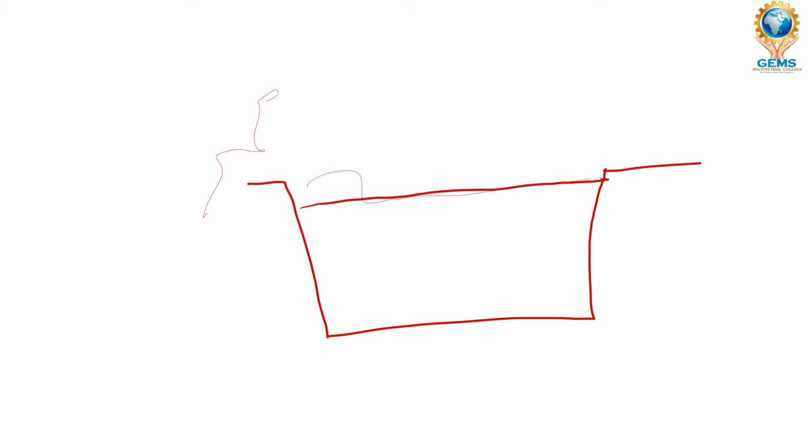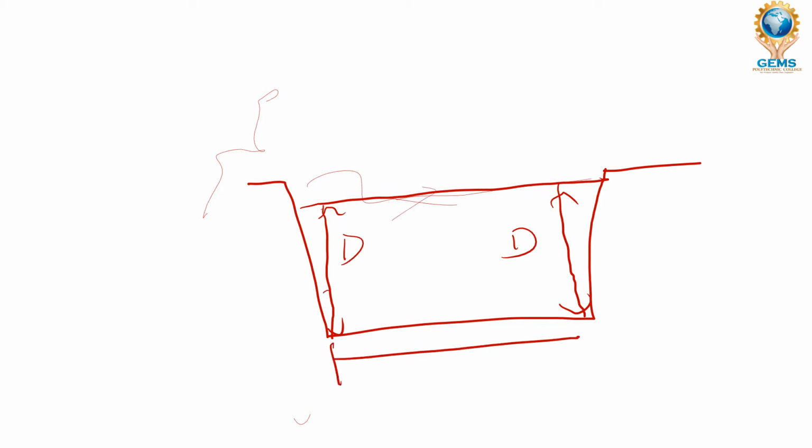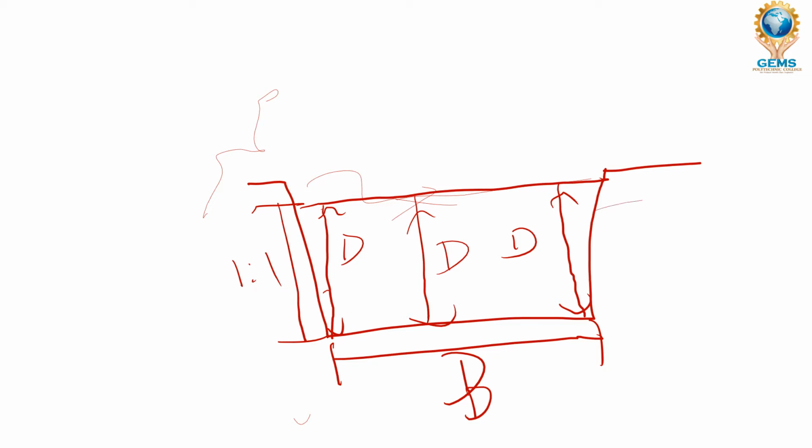Here you can see a trapezoidal section of this canal, and this is our depth D. Here a D, here a D, and this is the whole D. Then this is our breadth B, and this is our whole depth D. This is the side slope, which is 1:1, on left and right sides.